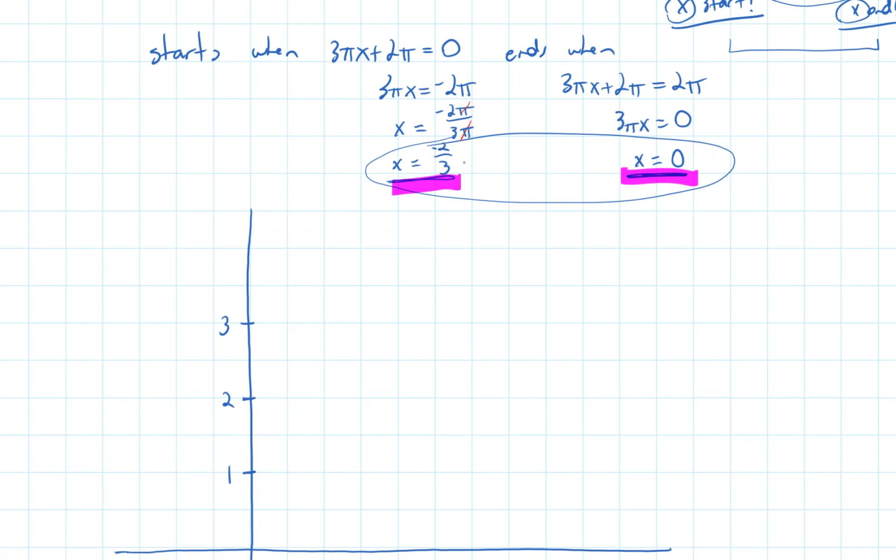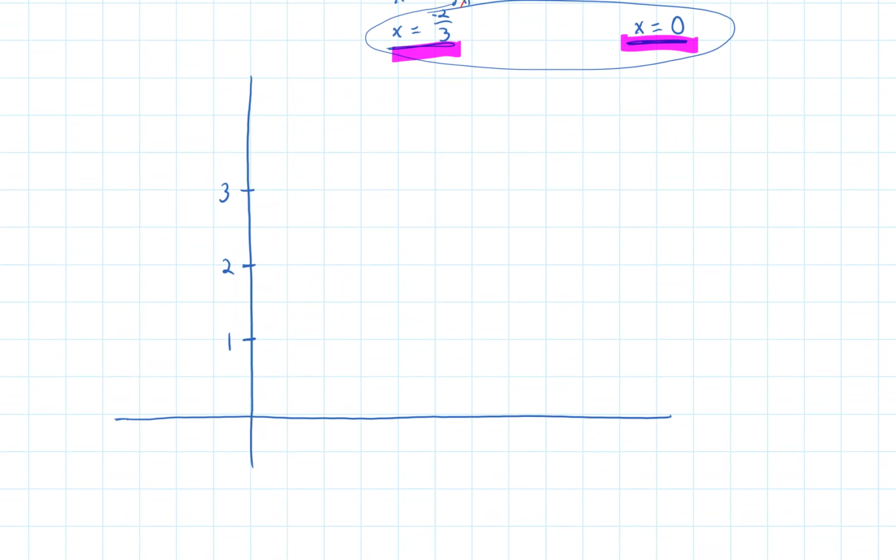I could use 1/3, but I'm going to kind of spread them out. I'll use 2 grid marks for every 1/3. So I'll call this a third, which means this is 2/3, and so on. 3/3, 4/3, 5/3, etc. And on the left side, I've got negative 1/3, and then 2 grid marks over, I've got negative 2/3, and that's where my graph's going to start.